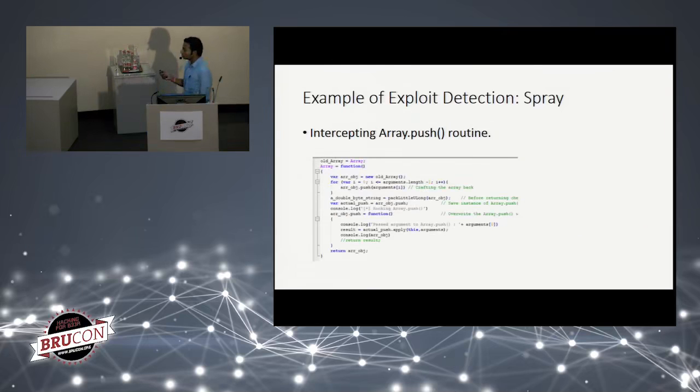We are also hooking functions used to modify arrays at runtime. For example, in browser exploits, we see that they use array push and array pop several times to modify memory.